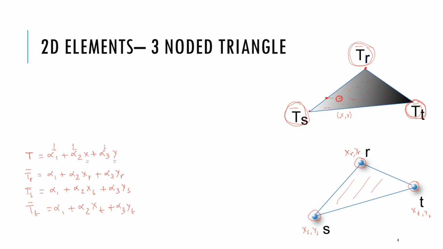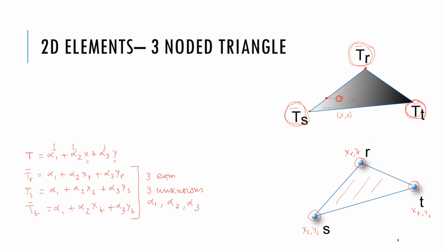I am writing this out because it's a very simple process. From here, we have 3 equations with 3 unknowns, alpha 1, alpha 2, and alpha 3. So we can find these.